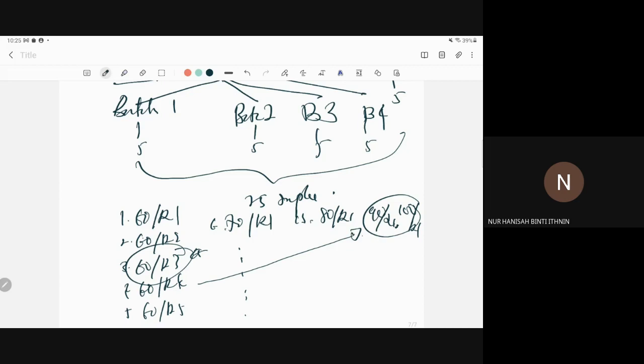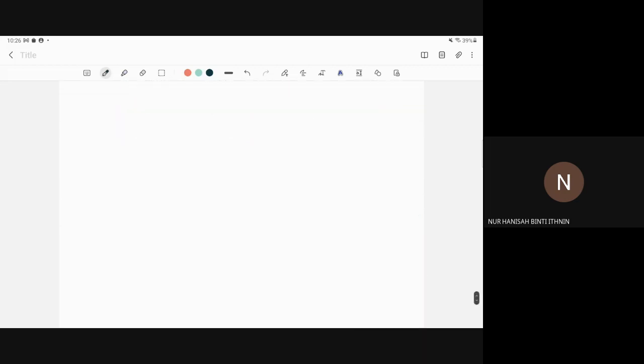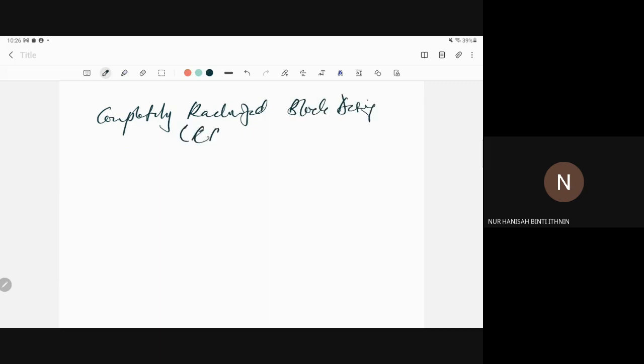So if you feel it is less practical, less suitable, then another option is what we call a completely randomized block design, or CRBD.